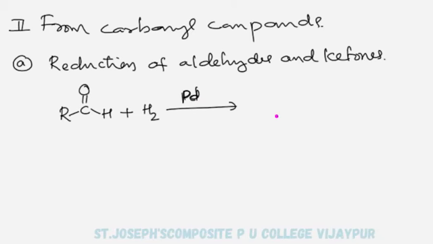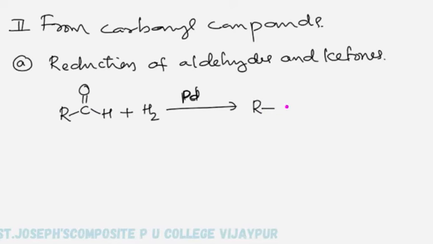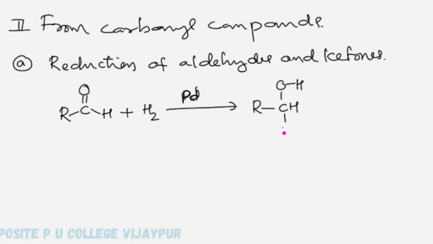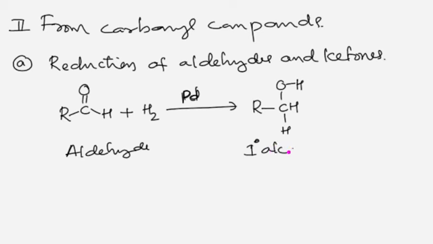The hydrogenation takes place across the carbon-oxygen double bond, and we get the product RCH2OH, with one hydrogen attached, and this alcohol is a primary alcohol. Therefore, when an aldehyde is reduced with hydrogen in the presence of a palladium catalyst, it forms a primary alcohol. You have to remember this.